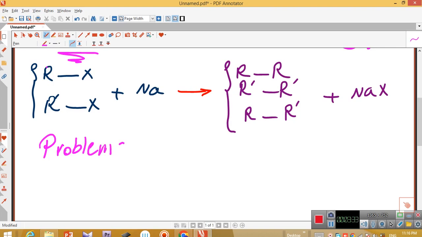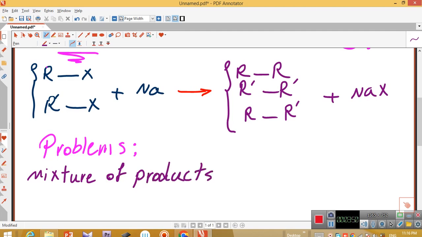So these are the problems of this reaction. What are the problems of the reaction? First of all, we will have a mixture of products, with lots of problems for their separation, because these products have lots of similarity in physical and chemical properties too. So the first problem is the mixture of products.